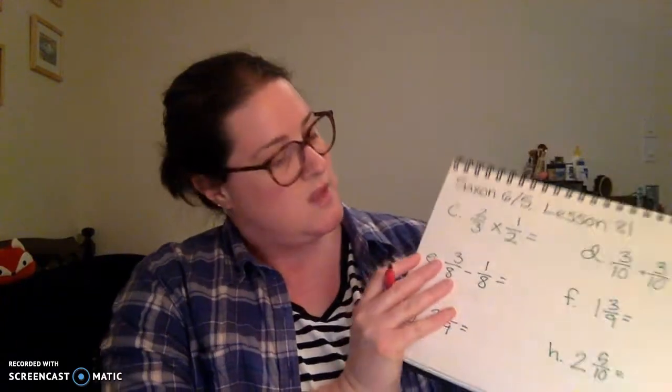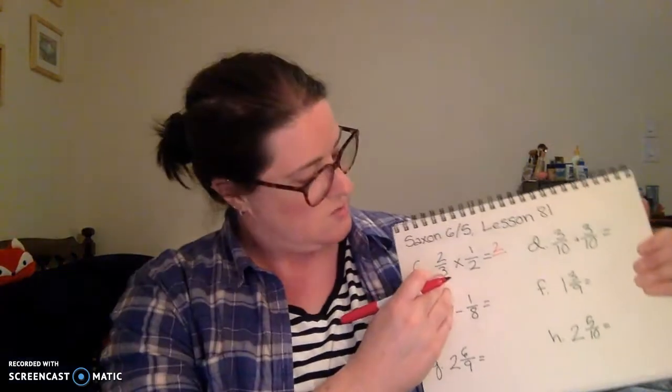Okay. Looking at page 428, add, subtract, or multiply as indicated. Remember to reduce your answers. All right. So we have C, 2/3 times 1/2. Right?